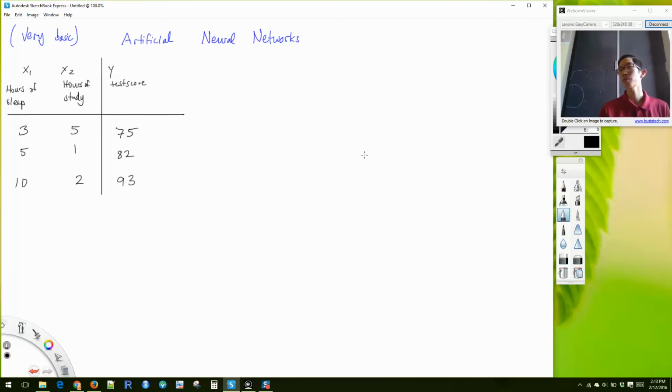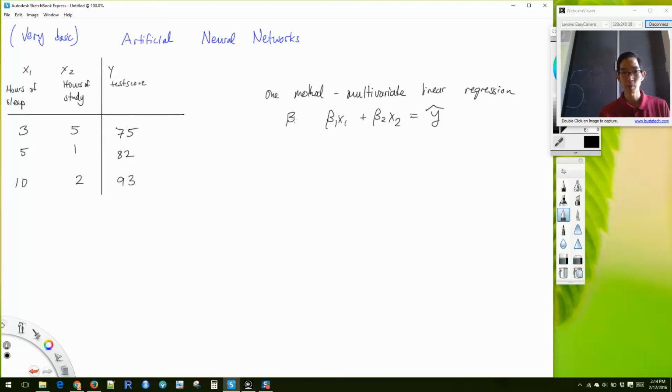So there are a few ways to approach this, right? One way is to do multivariate linear regression. We have an x1 and an x2, and we're going to try to predict a test score. So you're going to have beta 1 x1 plus beta 2 x2 is equal to y hat, all right?